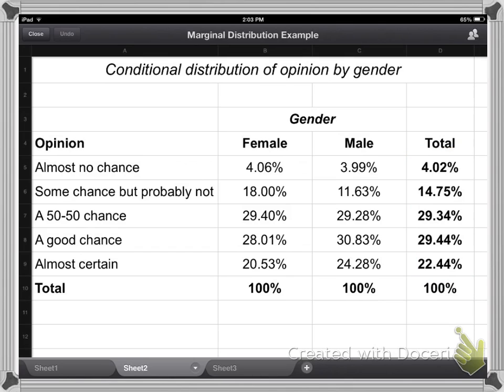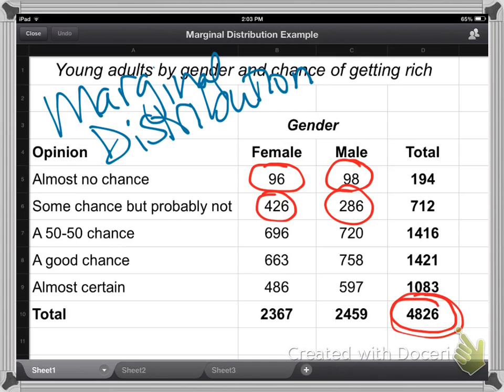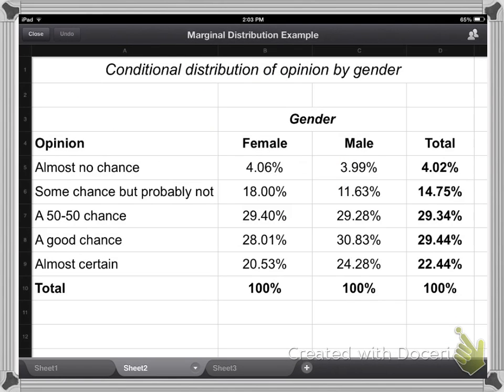Now, that being said, because we're dealing with relatively large numbers, ranging from somewhere in the 90 range all the way up to 760 or so, you're not going to get really nice, even percentages when you do these calculations.